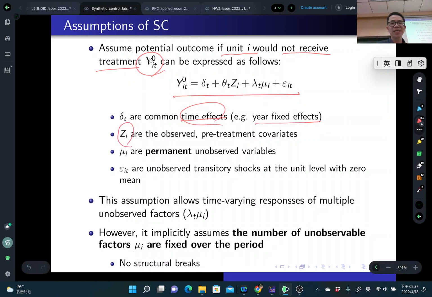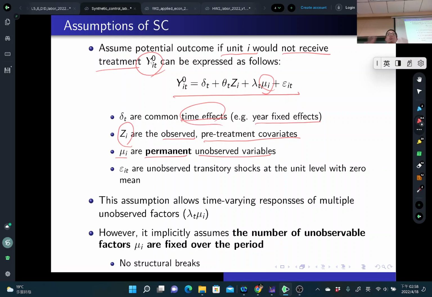Another is Z, the observed pre-treatment covariates. For example, for cigarette consumption in California, maybe you want to find a state with a very similar population size to California, or a similar share of young people. That could be the Z. That is something observed about the characteristics of the unit. That is not very easy to control. And the key thing is mu i. So mu i is the permanent unobserved variable.